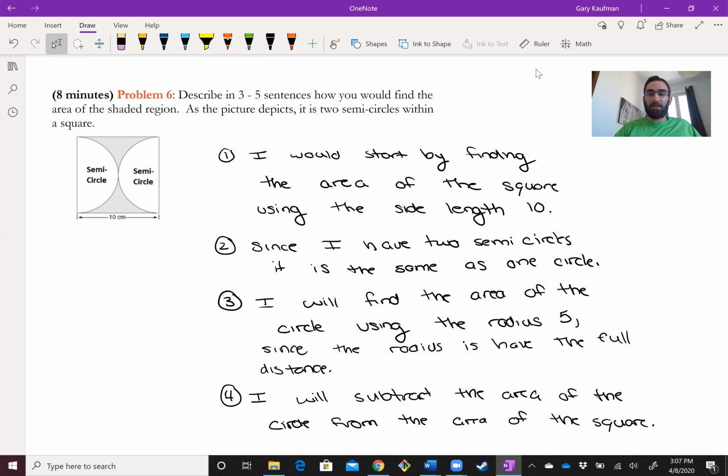Since the radius is half the full distance, because if the full is 10, from here to here, which is the radius, it's 5, and then another 5. I will then subtract the area of the circle from the area of the square. I have the area of the shaded region. That's problem 6.